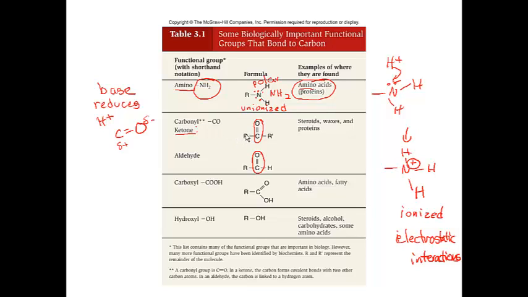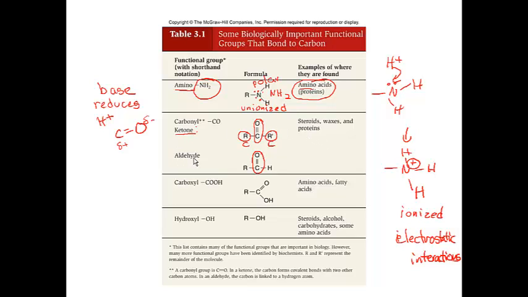The reason this is a ketone is because the carbon is sandwiched between 2 other groups, typically carbons. So it'll be carbon, carbon, carbon with an O, double bond O attached. We're going to see examples of that when we look at steroids, an example of a fat there, a lipid, steroid lipid.